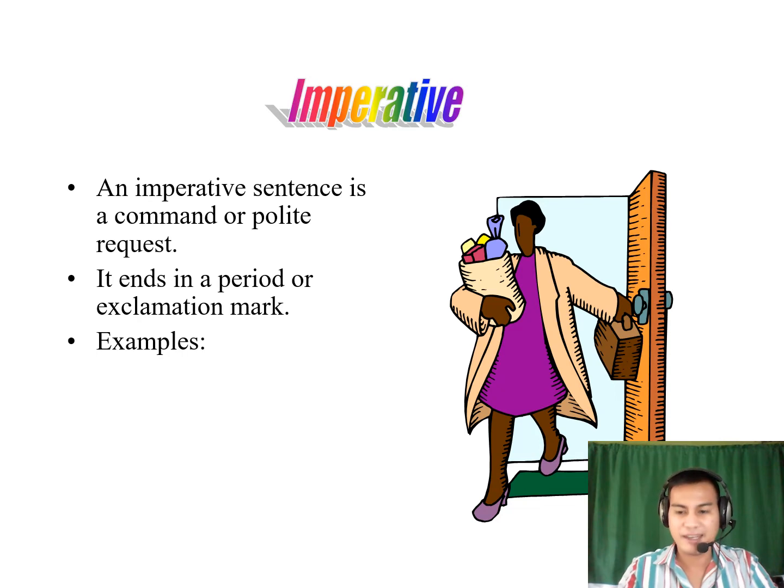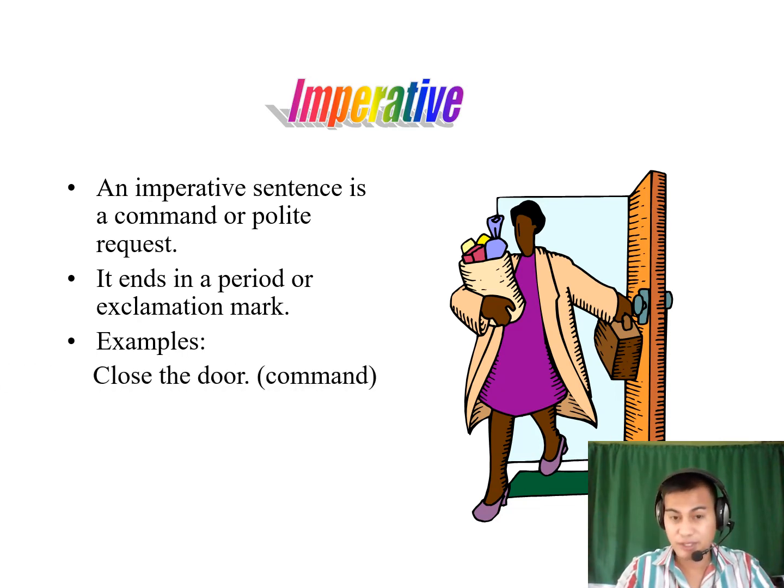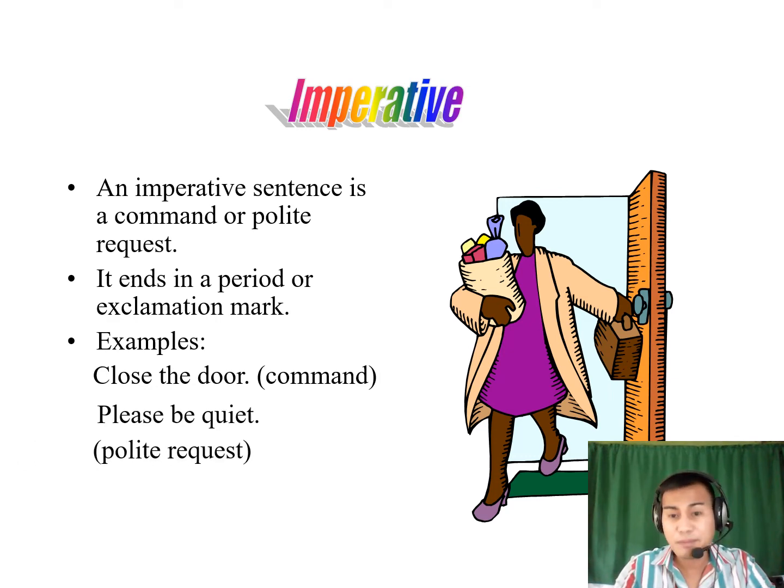Example: Close the door. That's an order. It's a command, it tells you to do something. When you want to be polite, you could say, please be quiet. That's a request. But both tell the listener or the reader to do something, so that is imperative.